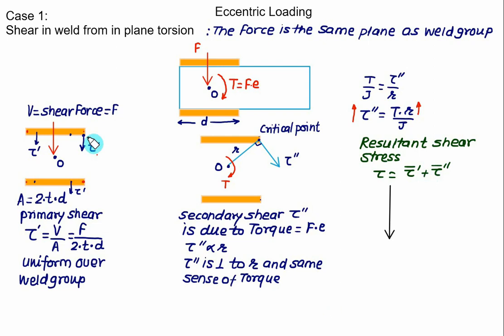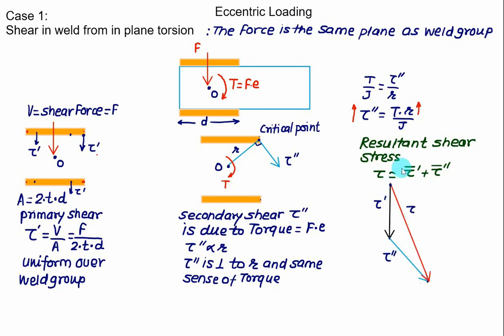Tau prime is acting vertically downward, so you have to show it vertically downward. On the tip of this you have to show the tau double prime, and then join the first point with the last point, and you can calculate the value of tau.